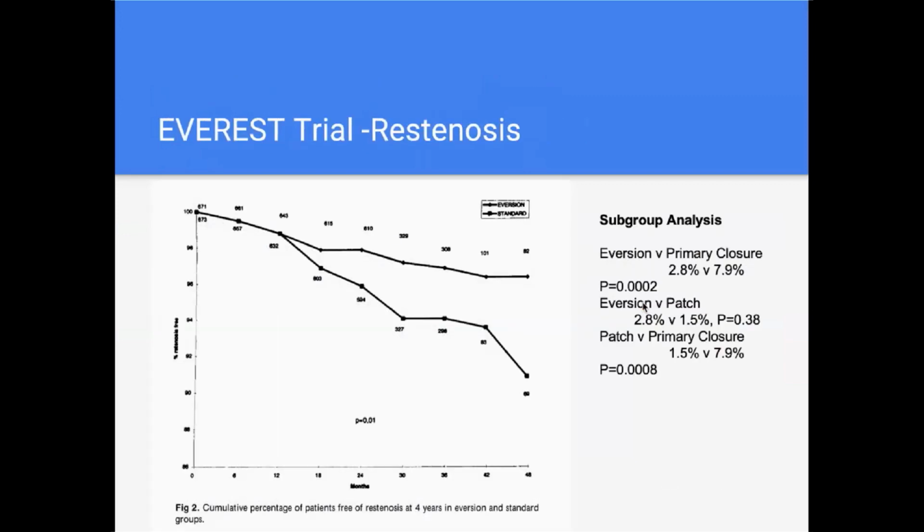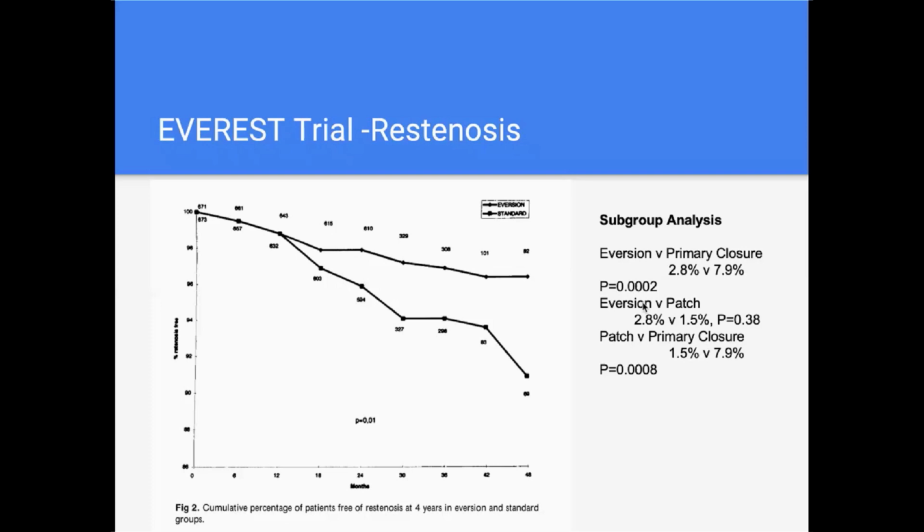If you look at the restenosis rate, this is the meat of this trial. The eversion versus patch doesn't have a statistically significant difference in terms of restenosis rates, but patch and eversion versus primary closure does have a statistically different rate of restenosis.